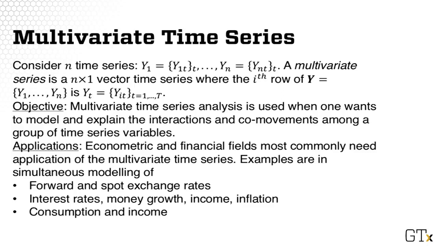Why do we want to model multivariate time series? Multivariate time series analysis is used when one wants to model and explain the interactions and co-movements among a group of time series. It is possible to improve the prediction of one time series by taking into account other factors, as I illustrated in the examples in the previous lesson.